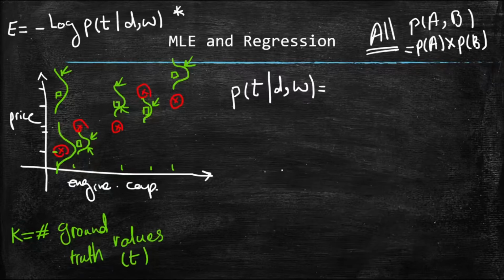So if I want to calculate this probability, I'm going to write it down here, right? I'm going to have a multiplication symbol for all my ground truths, so j equal 1 to k, which is the number of my ground truths.